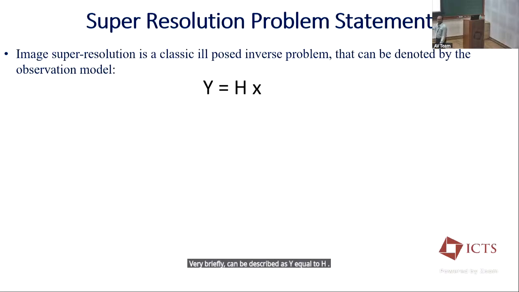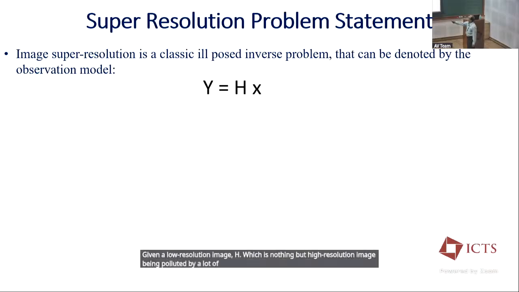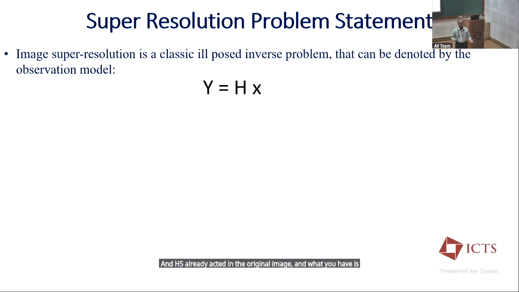Given a low resolution image y, which is nothing but the high resolution image x being polluted by a lot of operations h that it has undergone, there can be blurring, noise, etc. All of these are sitting inside this h, and this h has already acted on the original image, and what you have is y. So y is all that is with you, and your challenge now is to invert h and put it on the left side and enjoy your x.